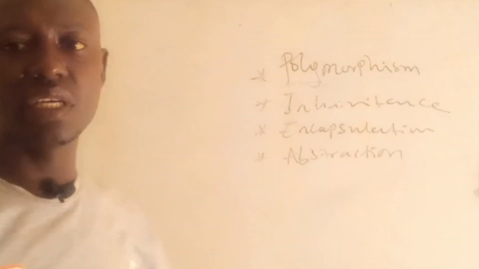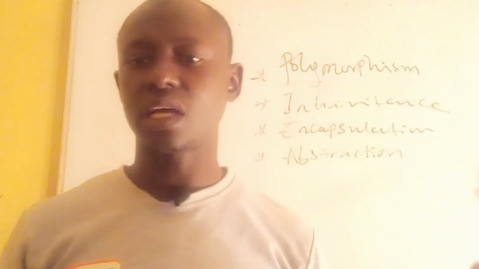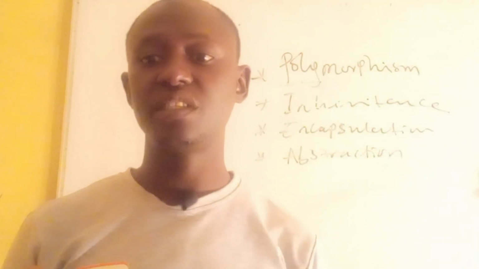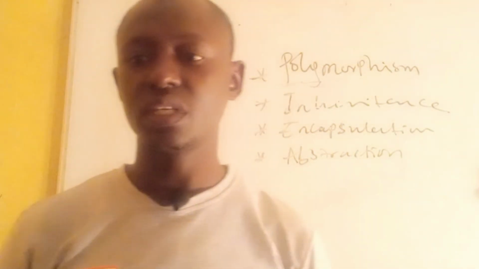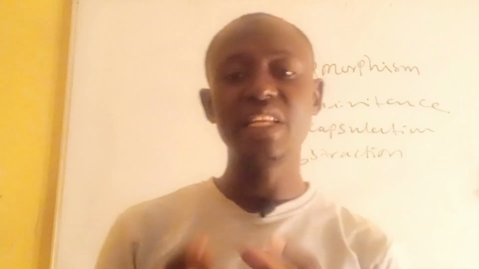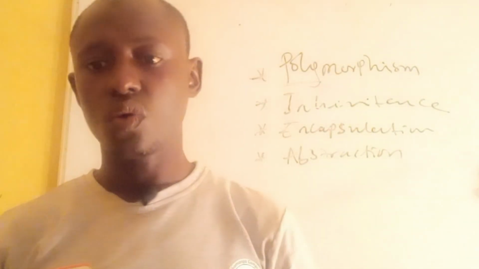Then the last one here is abstraction. We said abstraction refers to the hiding of the implementation details of a code, and exposing only the necessary information to the user.